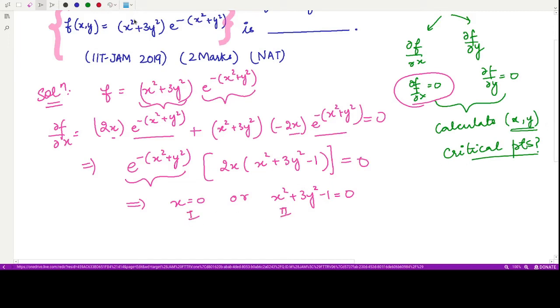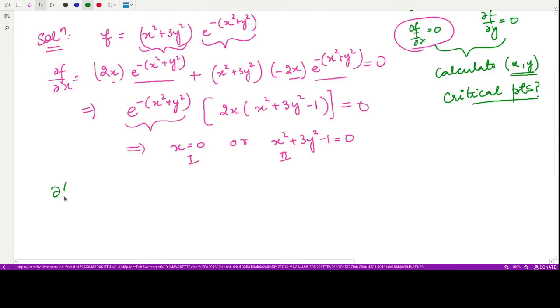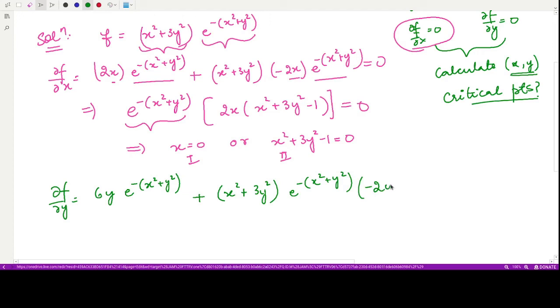Similarly, we'll calculate the partial derivative with respect to y for the same function. It would be 6y multiplied by e to the power minus x square plus y square, plus the term x square plus 3y square as such, times the derivative of the exponential, which is e to the power minus x square plus y square multiplied by minus 2y.